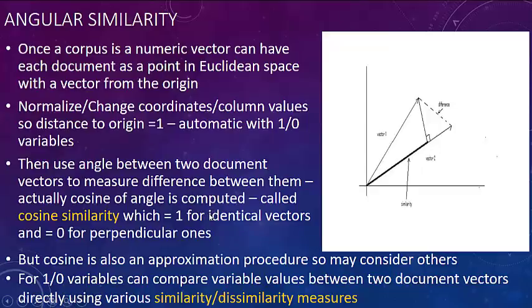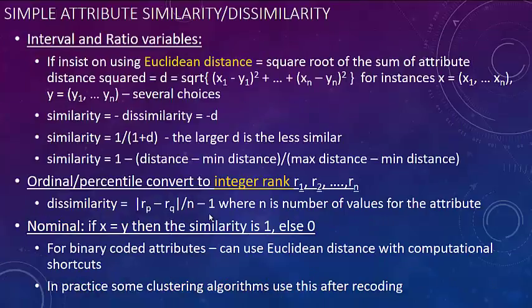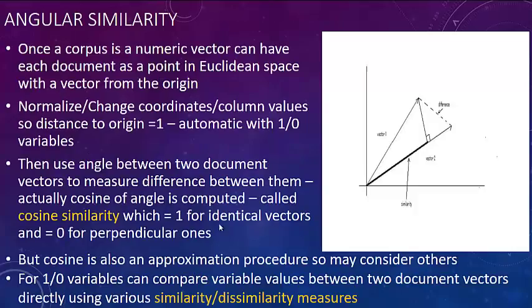So we just multiply the 0 ones, then we divide by their length, and we get a cosine, and that cosine turns out to be a perfectly reasonable similarity measure. A cosine of 1 means the vectors are parallel, one on top of the other, and a cosine of 0 means they're 90 degrees apart, and they can't get any bigger. So that gives us a measure between 0 and 1 of cosine similarity.